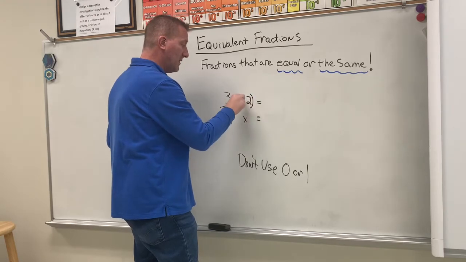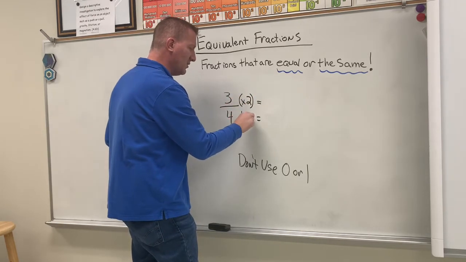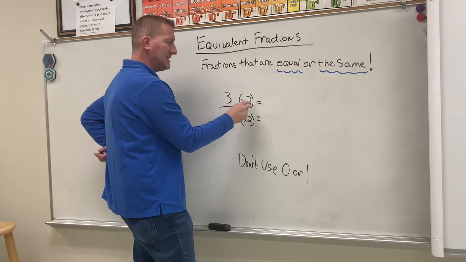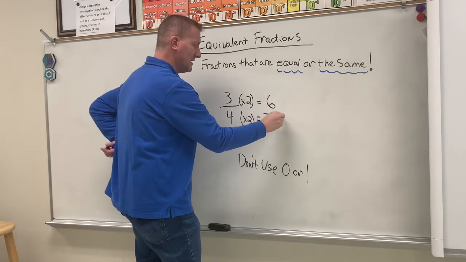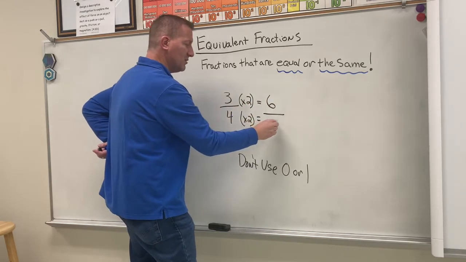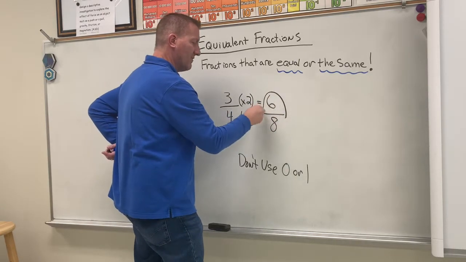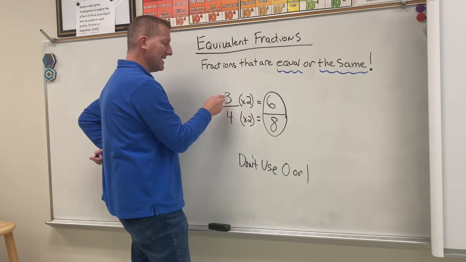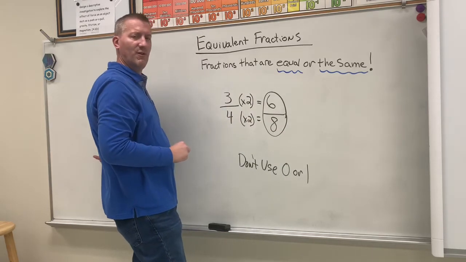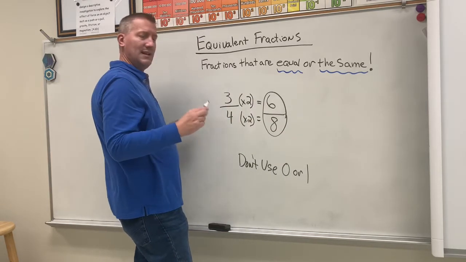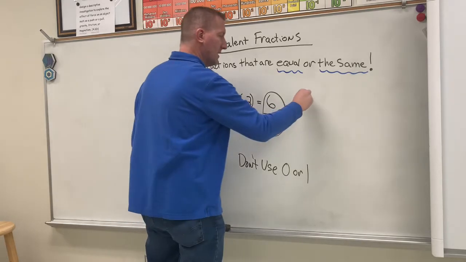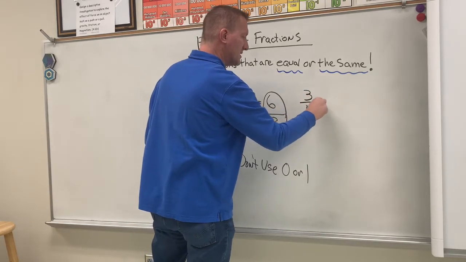If you multiply both sides times 2, so 3 times 2 is 6, 4 times 2 is 8. That is an equivalent fraction. 6/8 is equivalent to 3/4. Okay, let's check out another one. Let's do 3/4.